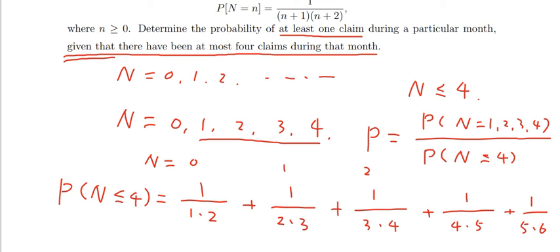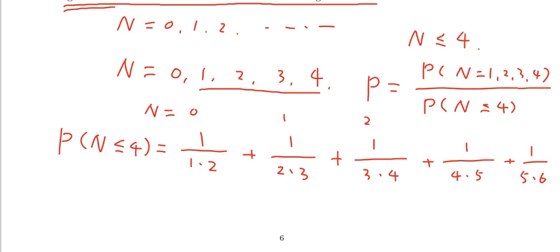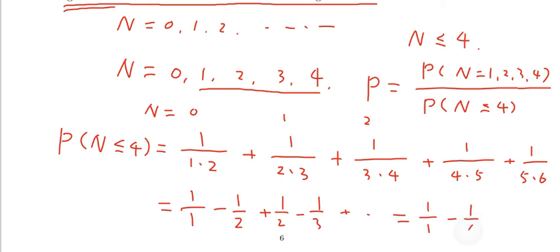Okay, so at least 1 is just this part, right? So for such things, the addition, we know this equals 1 over 2 minus 1 over 3 plus 1 over 3 minus 1 over 4, like that. So this summation is 1 minus 1 over 6. Okay, so this equals 5 over 6. So what is this part?